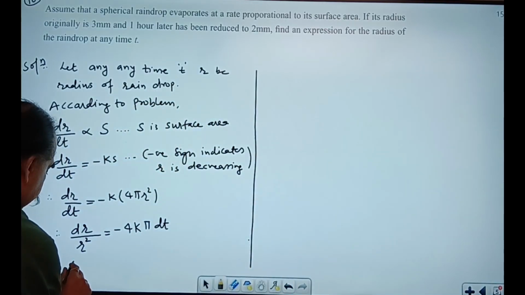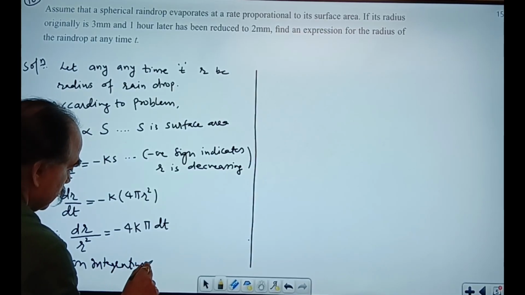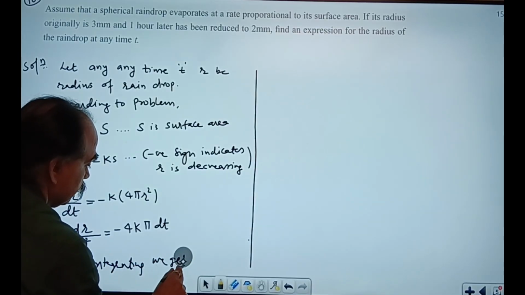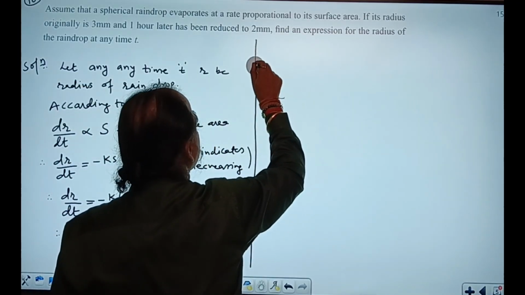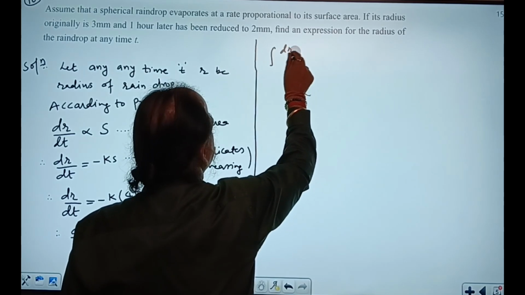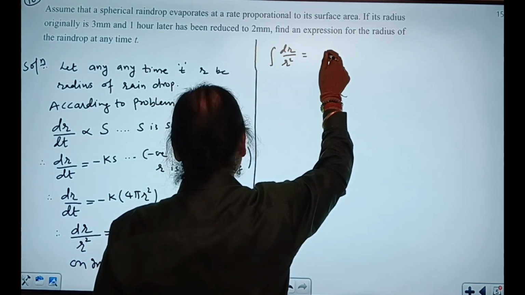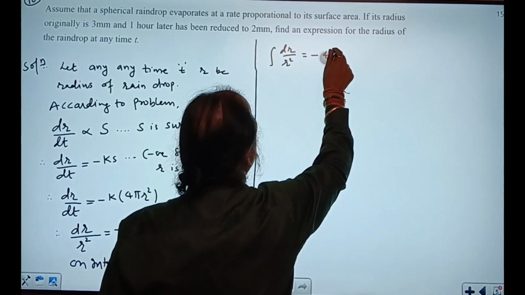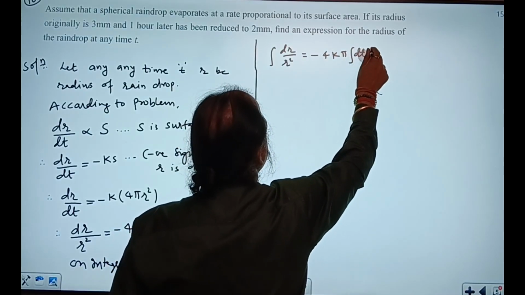On integrating we get integral dr by r square is equal to minus 4k by dt plus c.